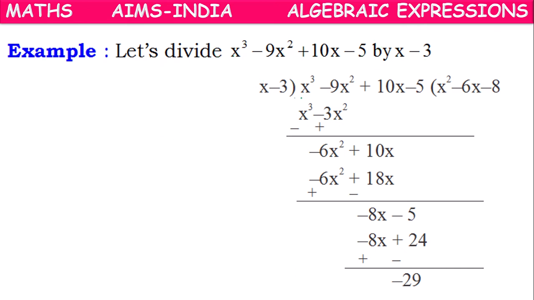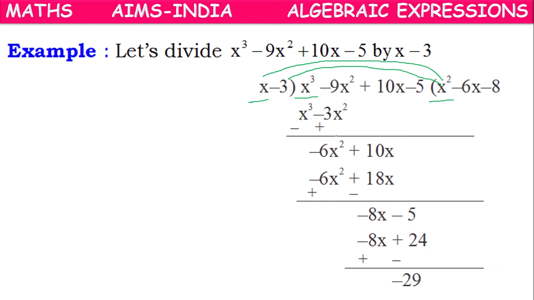If we divide the first term of the dividend by the first term of the divisor, we get the first term of the quotient. But with that, we have to multiply all terms of the divisor: x square into x cube, to be written below the like terms, and x square into minus 3x square.